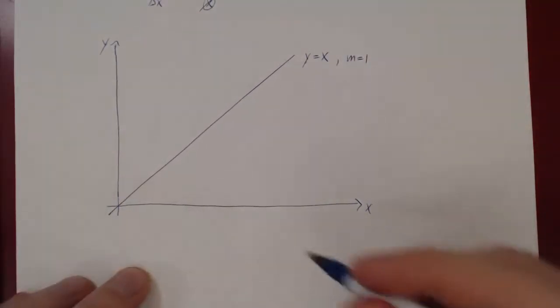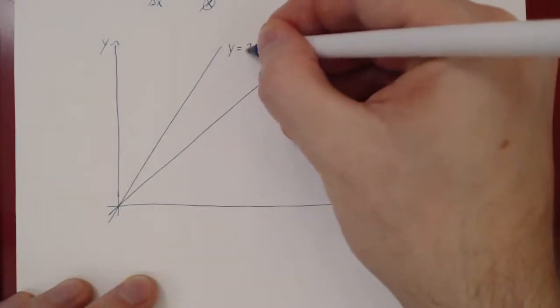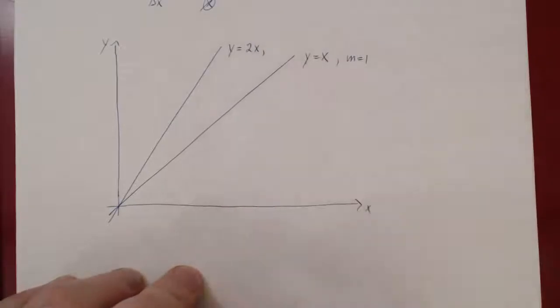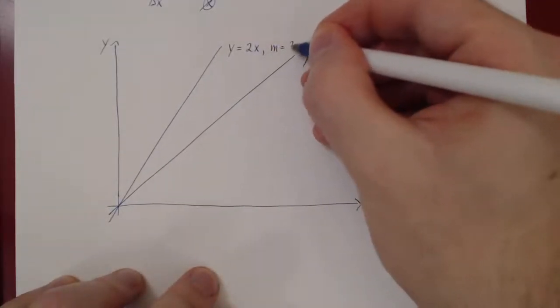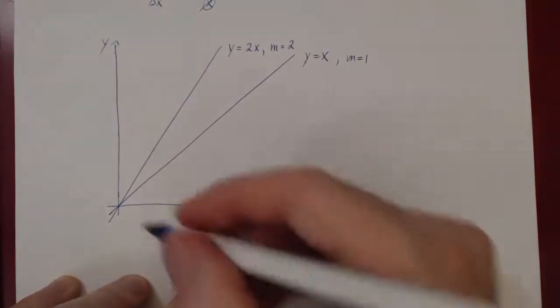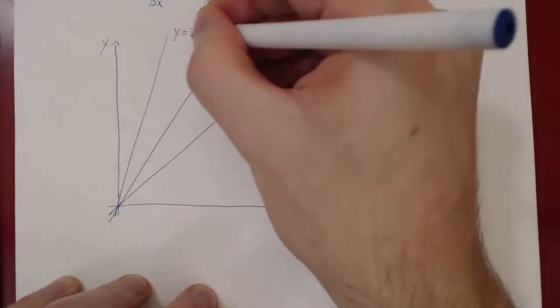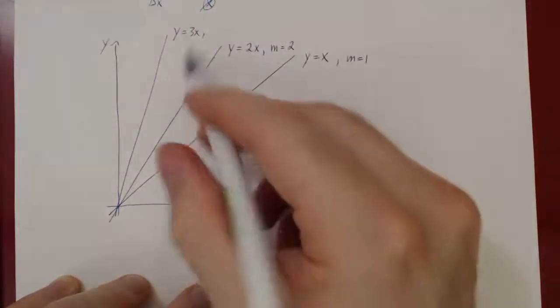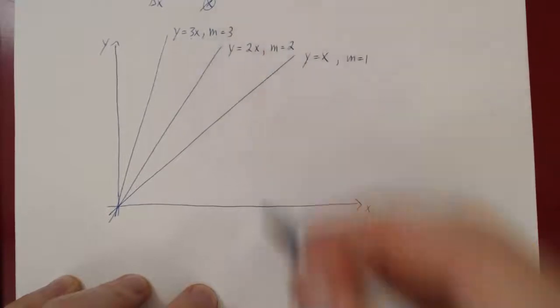Take y equals 2x. Well, the multiple of x is 2, and so m equals 2. Let's take a third line, y equals 3x. So the multiple of x is 3, and so the slope of this line equals 3.